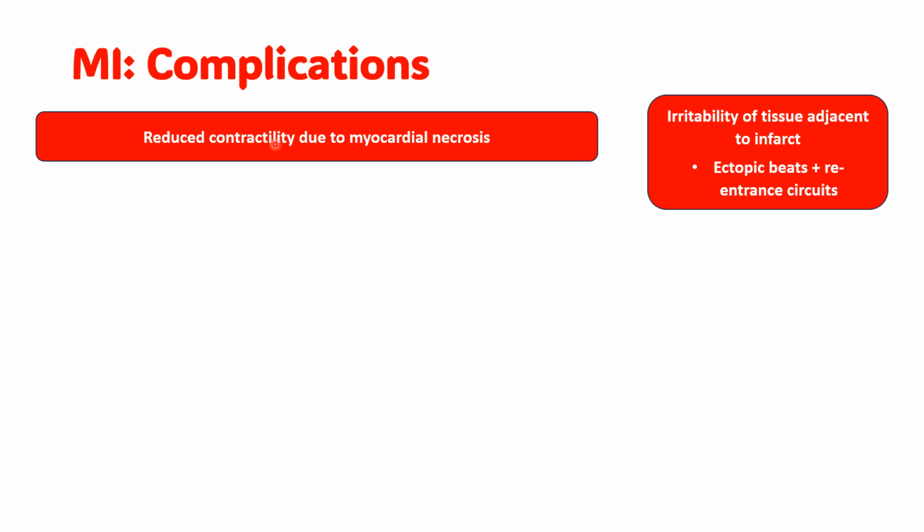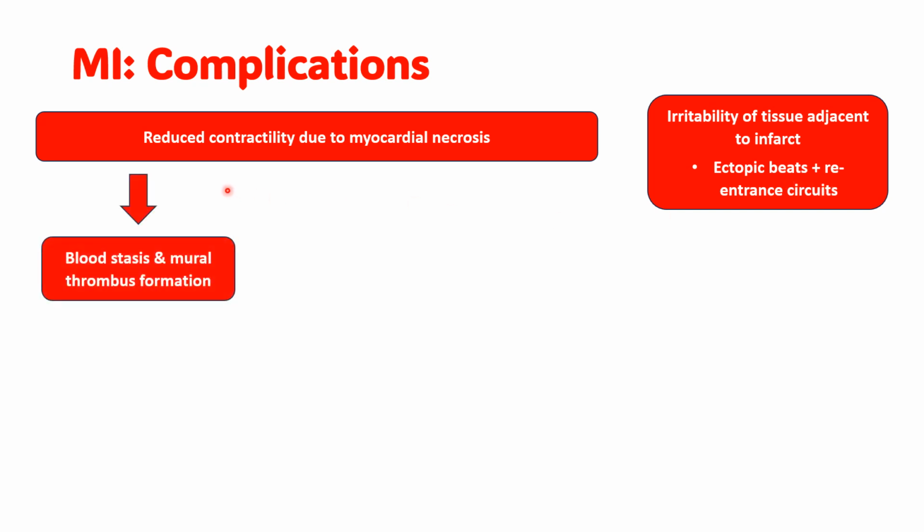So what we have here, we have reduced contractility due to myocardial necrosis, and then irritability of the tissue next to the infarcted tissue. So we'll talk about this one first. So this can lead to ectopic beats and re-entrant circuits. When I do a video on arrhythmias, we'll talk about this in more detail. All right, so we'll go back to this one actually.